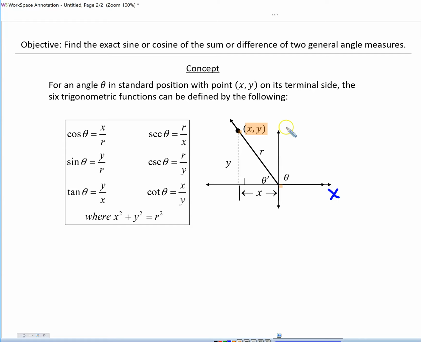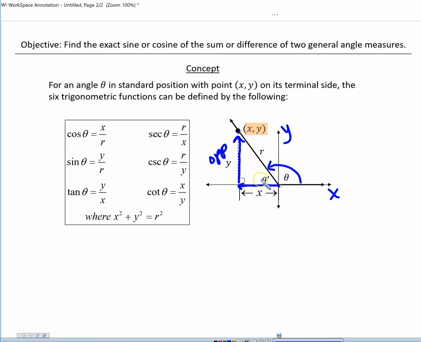So this is our x-axis, this is our y-axis, and so this point right here, its coordinates would be x comma y. And so the y becomes the side opposite angle theta prime, which is the reference angle for theta. So the sine, cosine, and tangent of angle theta are the same for theta prime.